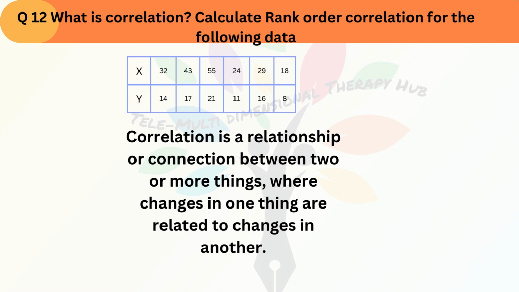Question number 12. What is correlation, and calculate rank order correlation for the following data. So let's see what is correlation. Correlation is a relationship or connection between two or more things where changes in one thing are related to changes in another.